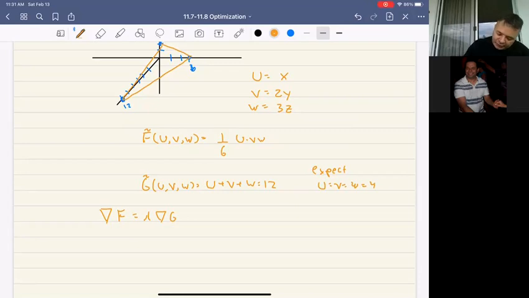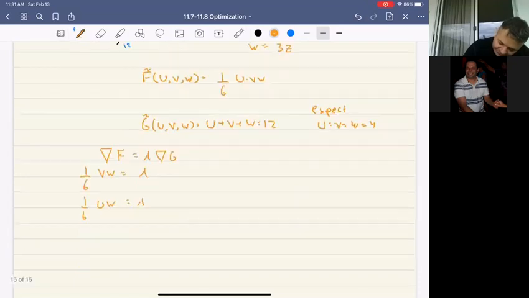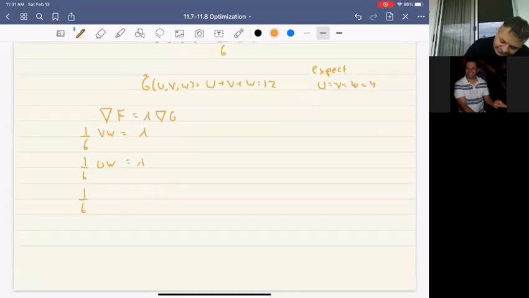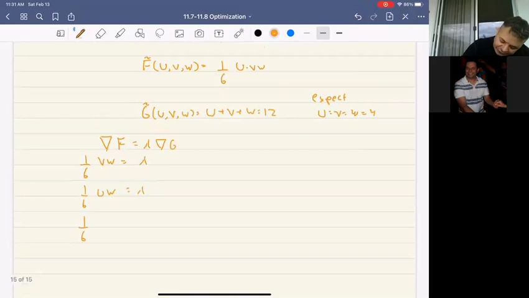So what do we get? We get 1/6 VW equals lambda. 1/6 UW equals again lambda. 1/6 UV equals again lambda.